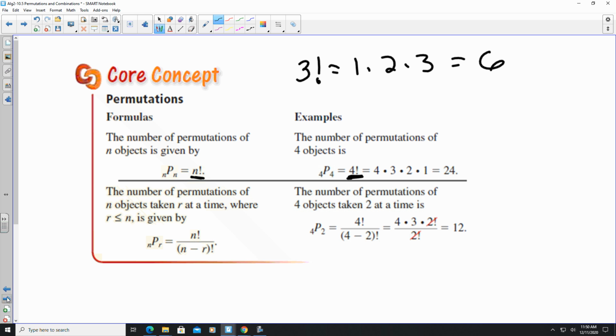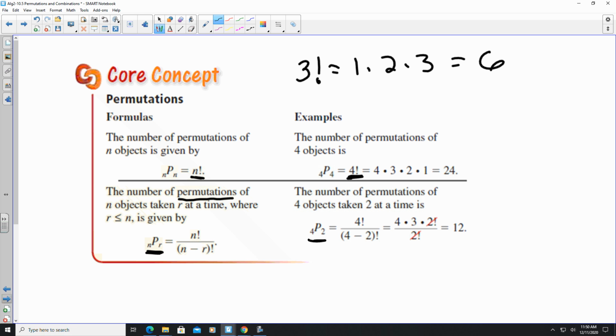Now, if you have a permutation with n objects taken r at a time, then you look at this formula for your permutation value. It is going to be n factorial divided by n minus r factorial.